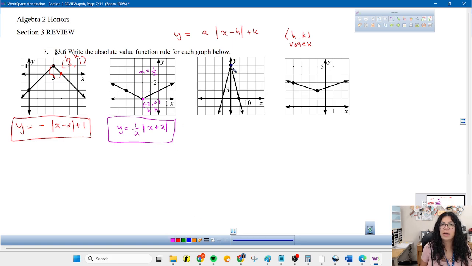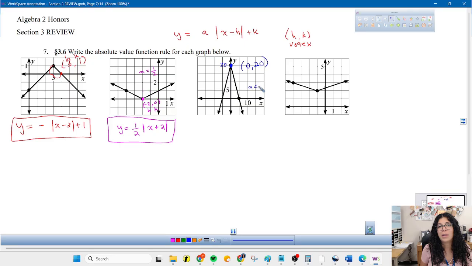All right, the third one here, we have our vertex at 0. Actually, if I look at the graph, it is going up by 5. So 5, 10, 15, this would be 20. And the slope to the right is down 20 to the right 5.